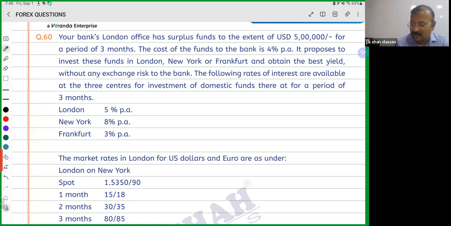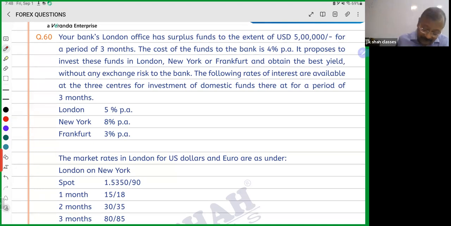The following rates of interest are available at the 3-month centers for investment of domestic funds thereat for a period of 3 months. So in London, you can invest the pounds at 5%. New York, you can invest the dollars at 8%, and Frankfurt, you can invest the euros at 3%. The market rates in London for US dollars and euro are as under.